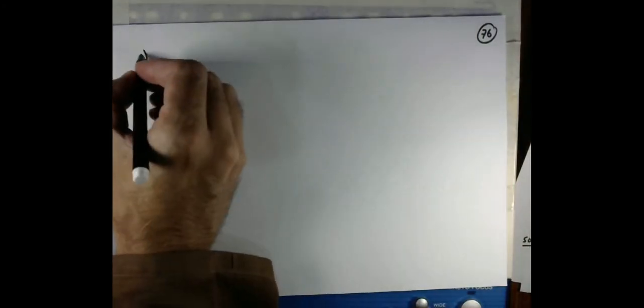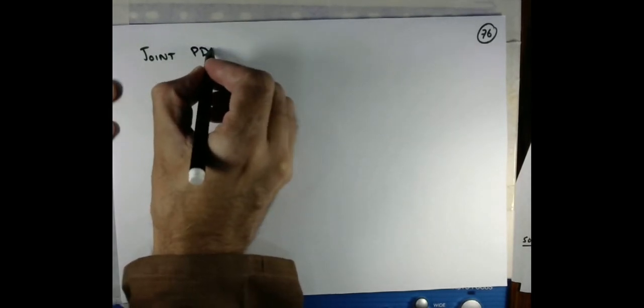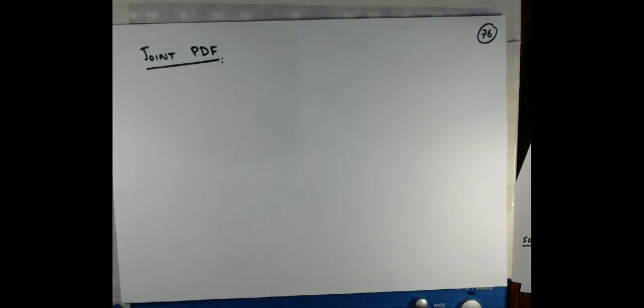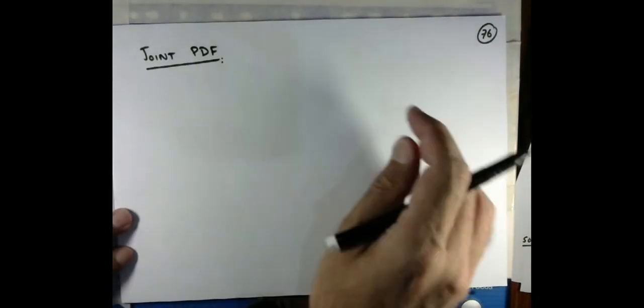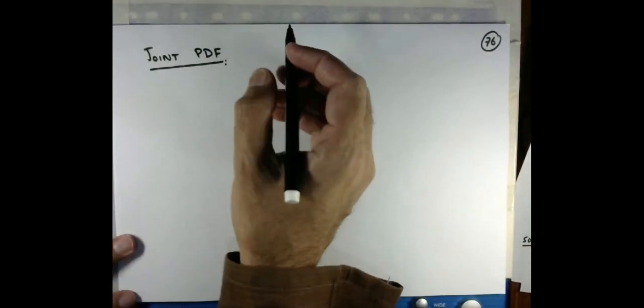So the concept of joint probability density function is easy. You simply differentiate the CDF and you find the PDF, the joint PDF. You differentiate the joint CDF and you find the joint PDF.